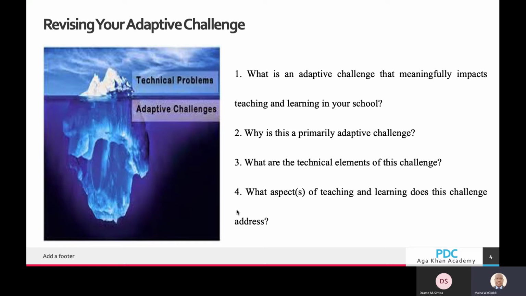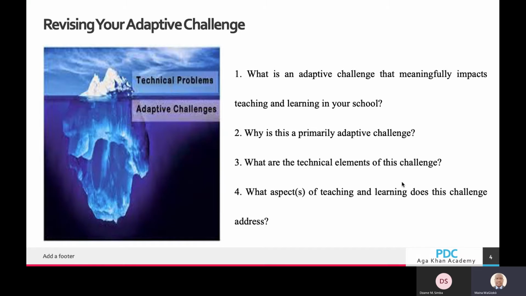And finally, decide what aspects of teaching and learning this challenge addresses. So this is what we had done last time, whereby we are supposed to think of an issue in our leadership and we identify, is it adaptive or is it technical? Which part of it is technical, and which part of it is adaptive? And then how does it influence the teaching and learning in school?